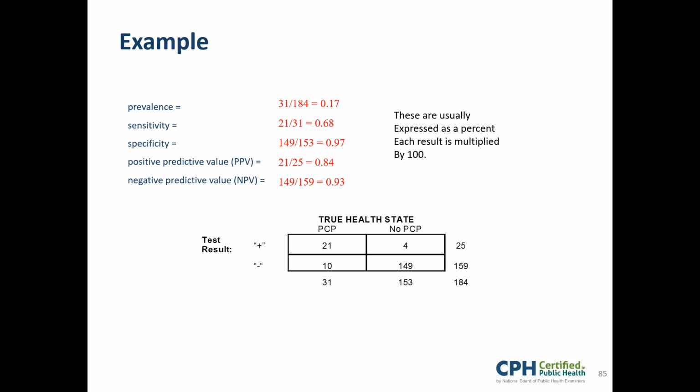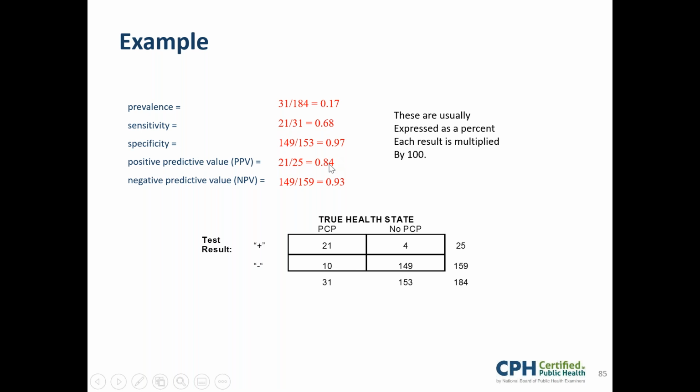As you go through each of these calculations, and I would encourage you to try all of these, given the formula on the previous page, you'll come up with these answers. And so what do they mean? The 68% here, the sensitivity, means that the probability of correctly identifying people with pneumonia is 68%. The specificity is 97%, meaning that the probability of correctly classifying people without the disease is 97%.